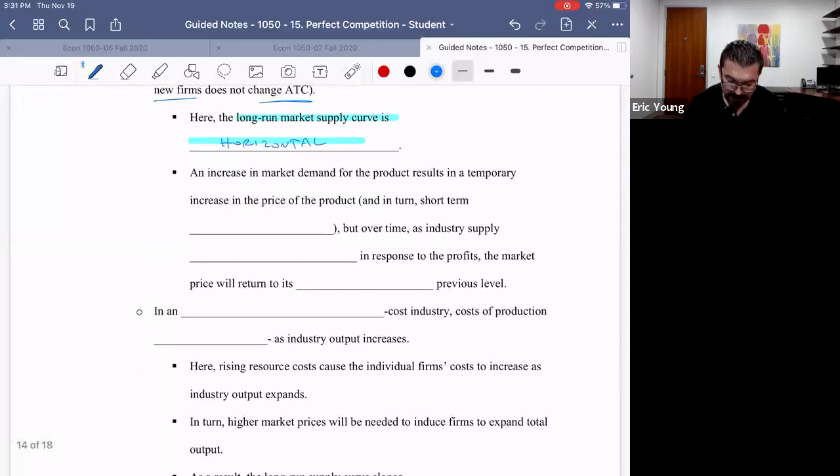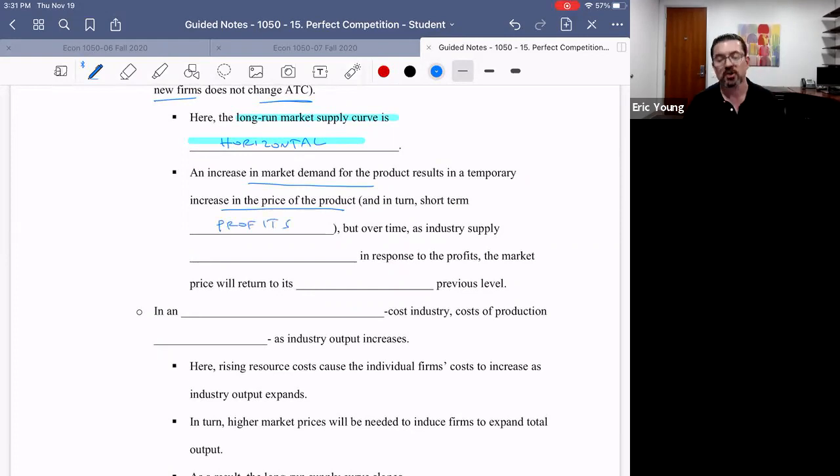Well, the reason why is that in a constant cost industry, if there's an increase in market demand for the product, demand goes up at the industry level, prices go up, there's going to be an increase in the price of the product, and therefore there's going to be some short-term profits.